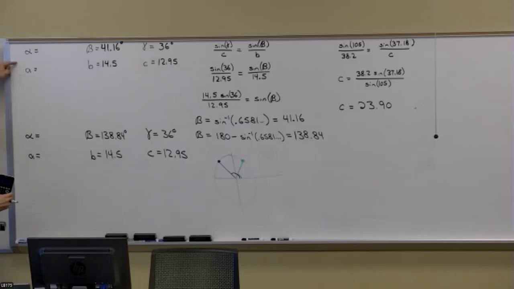But we're going to actually have two different triangles for these given three pieces of information.